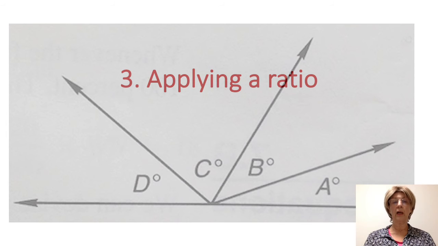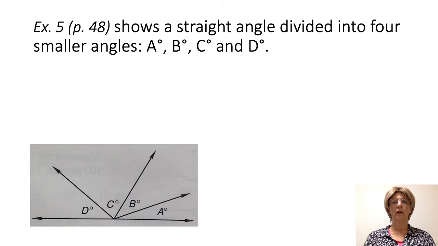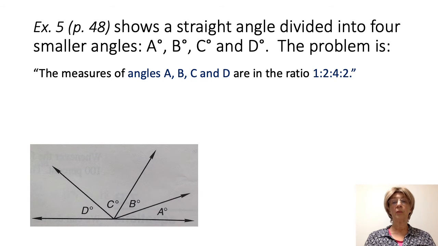Number 3, applying a ratio. Example 5 shows a straight angle divided into 4 smaller angles, A, B, C, and D. The problem is the measures of angles A, B, C, and D are in the ratio 1 to 2 to 4 to 2.